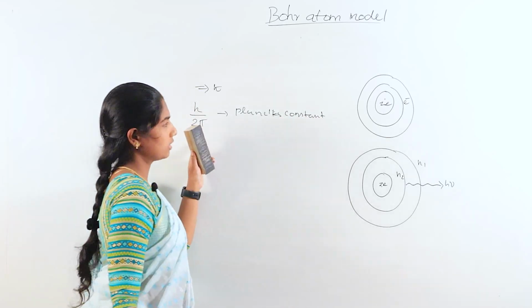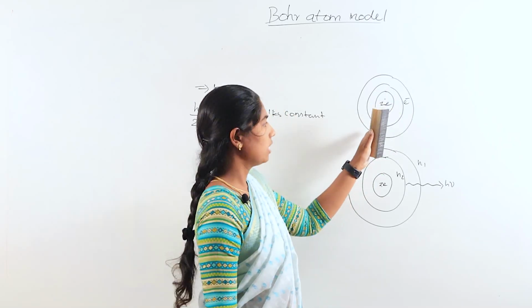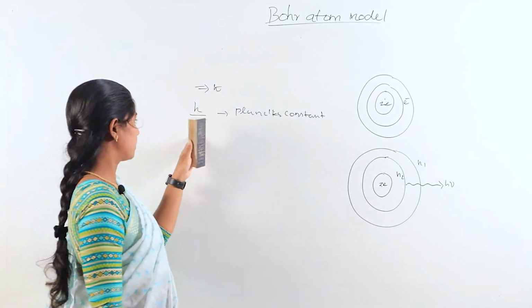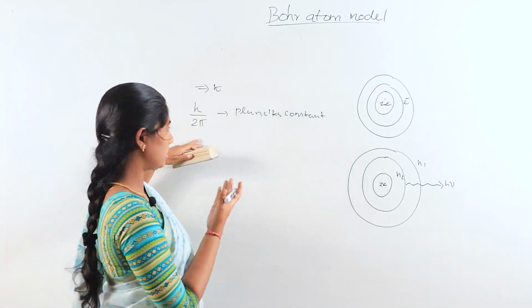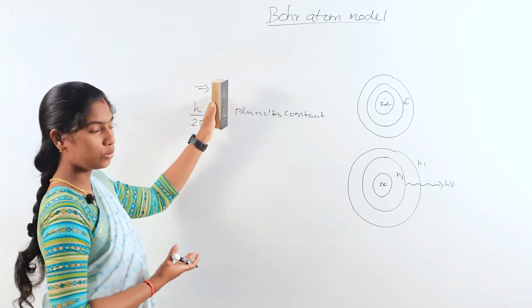We know the electrons revolve around a circular path, so from the circle we can define the circumference, which is 2 pi. So h divided by 2 pi is equal to h cross.